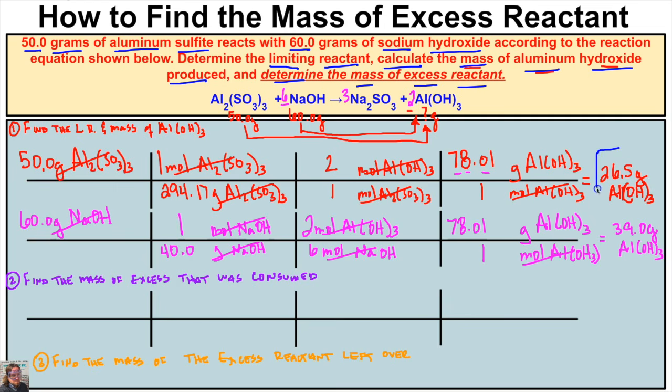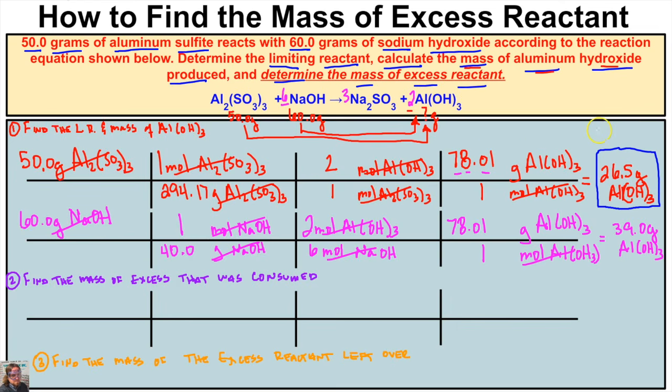So this much aluminum hydroxide will be produced. 26.5 grams of aluminum hydroxide will be produced because when the 50.0 grams of aluminum sulfite run out, you can't make any more than this much aluminum hydroxide. So this much can't be made because the aluminum sulfite is going to run out.